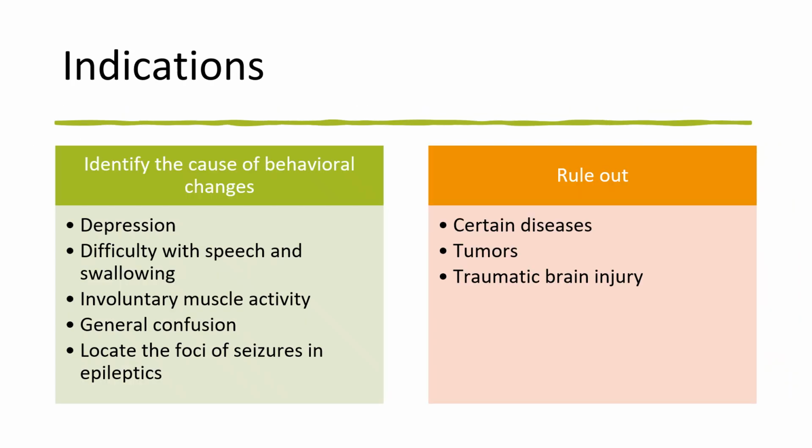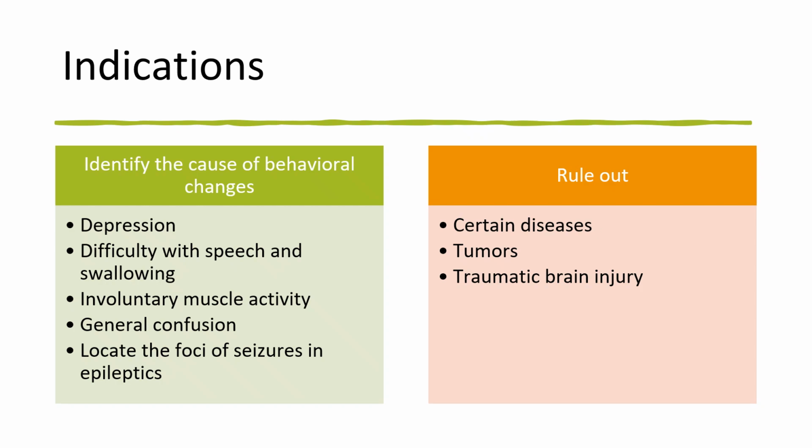There are a lot of indications for doing FDG brain imaging. If somebody has behavioral changes like depression, difficulty with speech or swallowing, involuntary muscle activity, general confusion, any kind of cognitive decline, or mild or severe cognitive impairment, especially if there was a sudden onset.